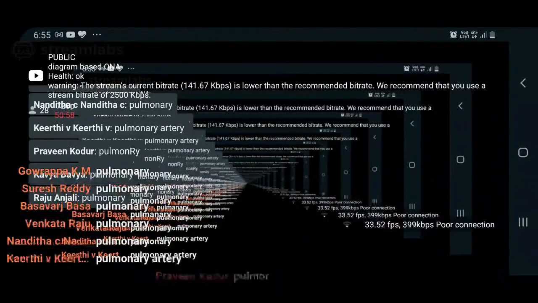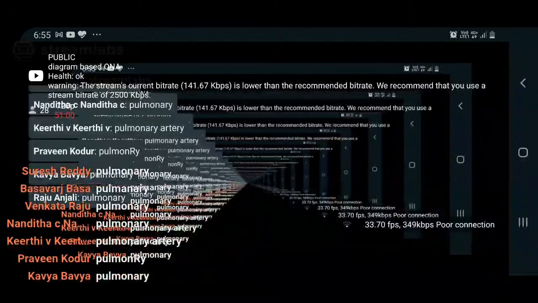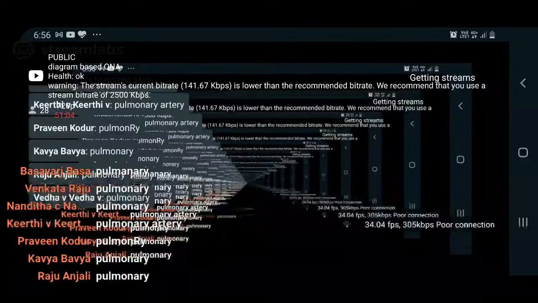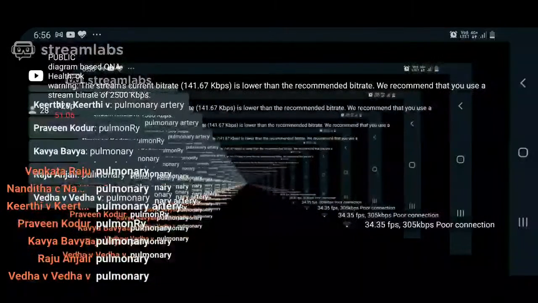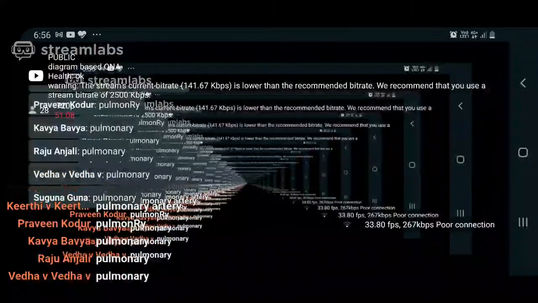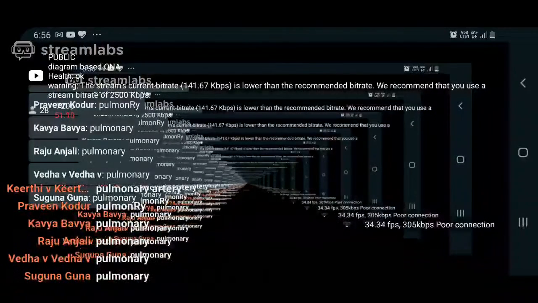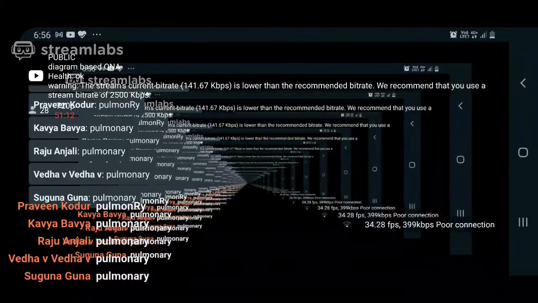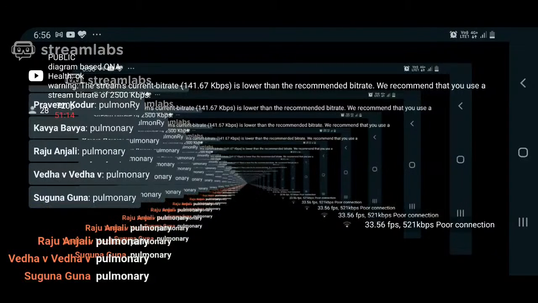Which is the largest artery which carries blood from the heart? No, no. Yeah, excellent answer. It is aorta.